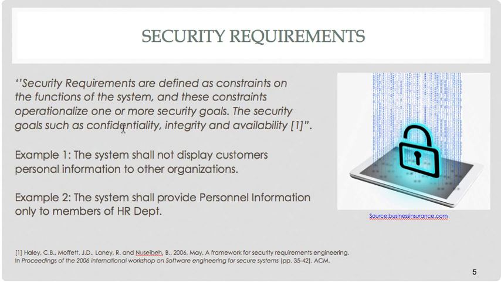Here, confidentiality means that important or confidential information is not disclosed to an unauthorized user, integrity means that the information is accurate and cannot be modified in any manner, and availability means that the information is available when needed.